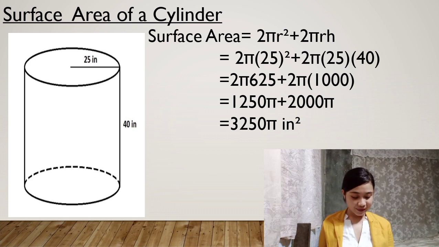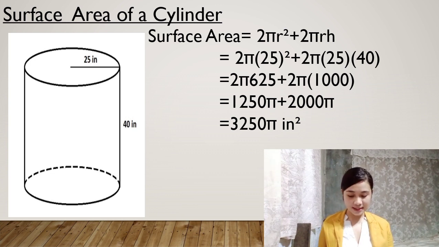So, i-multiply naman natin yung 2 times 625. So, 2 times 625 will be 1,250 pi. Plus, multiply na 2 times 1,000 equals 2,000 pi. So, i-add natin yung dalawa.